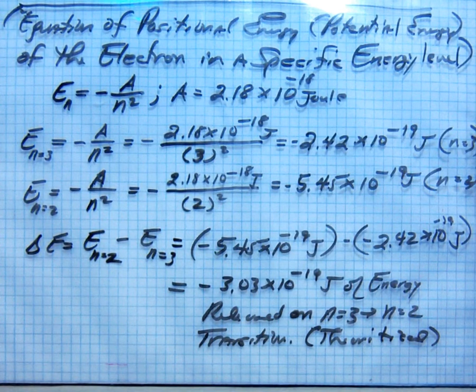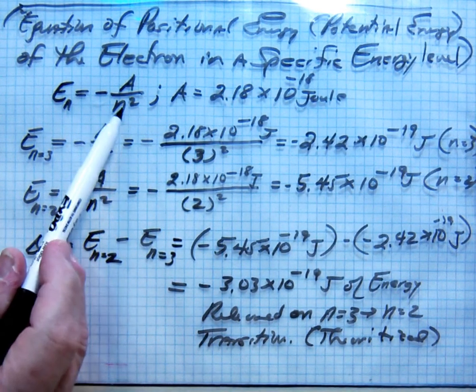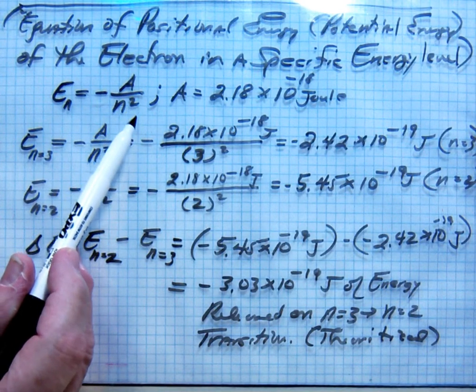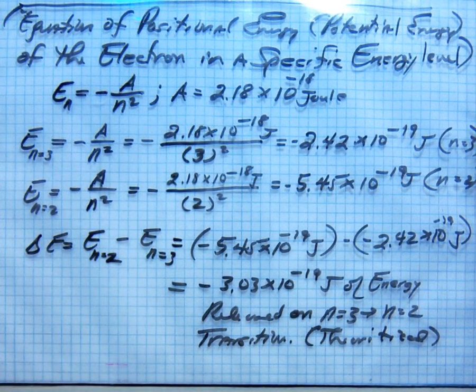So we have taken a mathematical expression which defines the potential energy of the electron in a given orbital or ring, calculated its energy in each of the two rings, and took the difference, which means the electron's moving from 3 to 2, and that's how much energy it gives off.